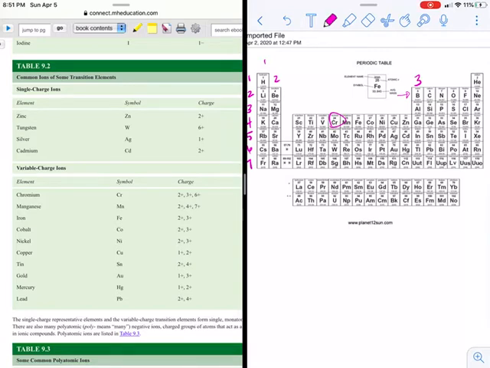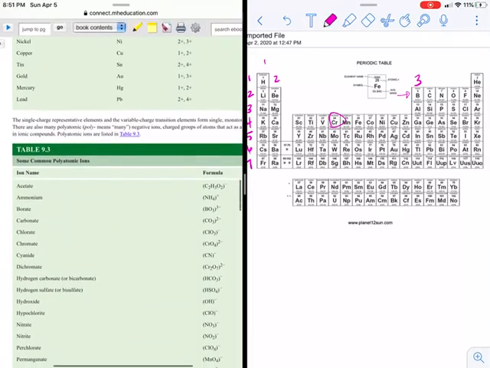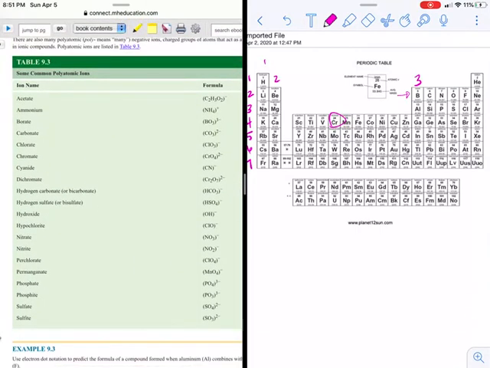Whenever you deal with elements in that section, you need to look at table 9.2 to determine what charge it has and basically what it's going to transfer over to the other element when it does that crossover technique. We'll do some examples of that in a minute.